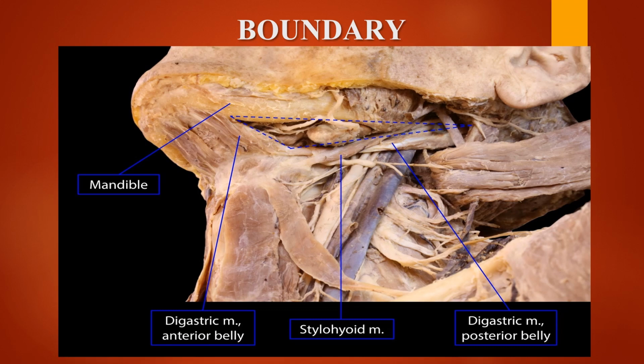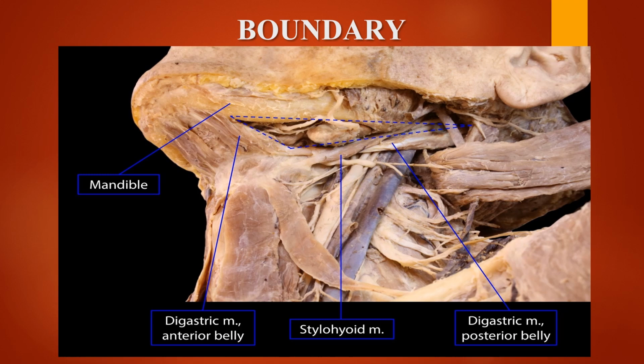Now coming to the boundary of digastric triangle. Here it has been clearly mentioned, the blue colored dotted line, that is going to be the small digastric triangle of high significant value because it is also called as submandibular triangle. Why? The main content of it is going to be submandibular salivary gland. Very good.